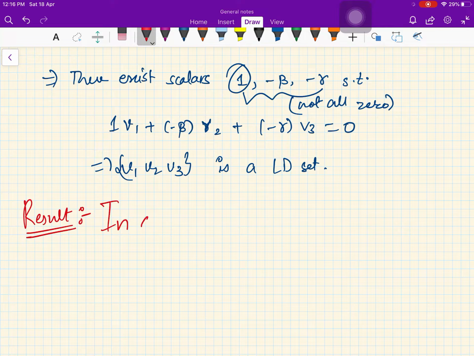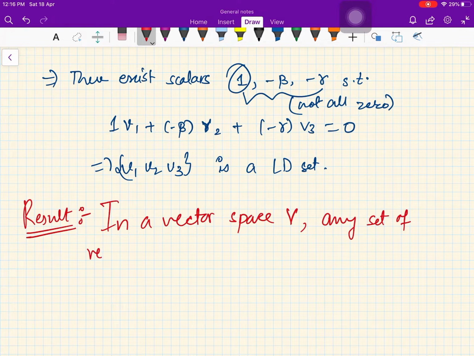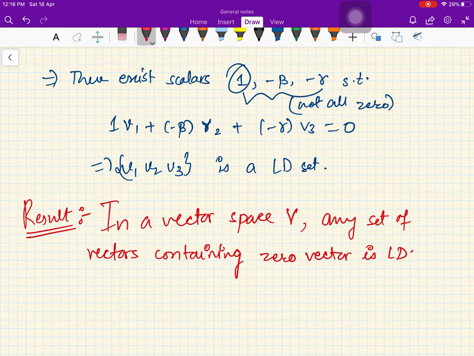Okay, so we have this result: in a vector space V, any set of vectors containing the zero vector is linearly dependent, right?